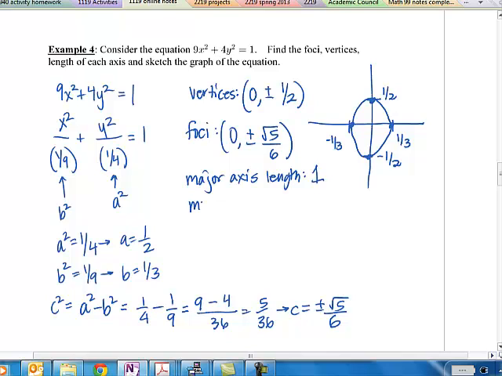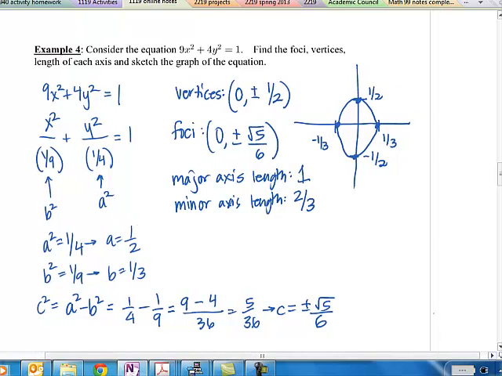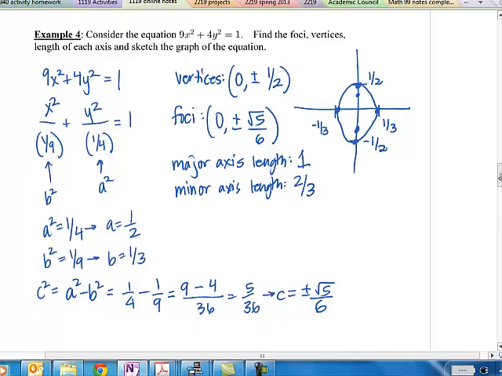And the minor axis length is 2b, which would be 2/3. And we can put the foci on there. It's hard to estimate that very well, but we know they'll be somewhere between 0.5 and 0 and -1/2 on the other side. I think that's everything for that one.